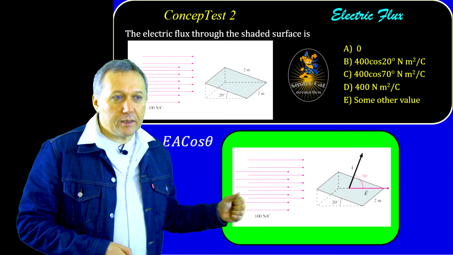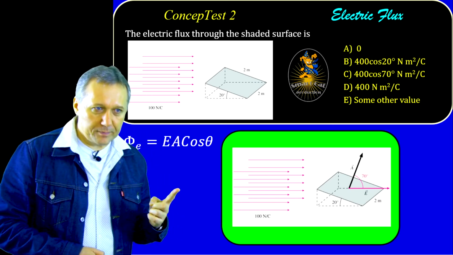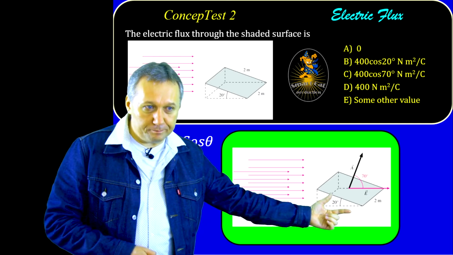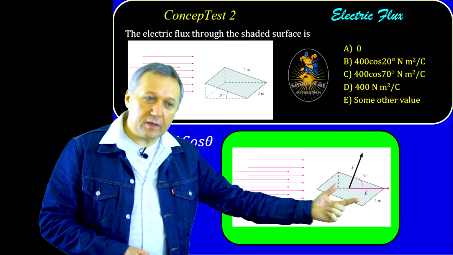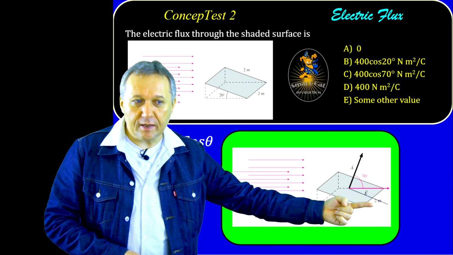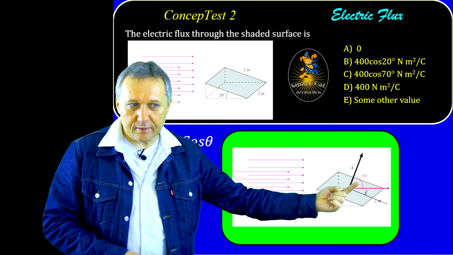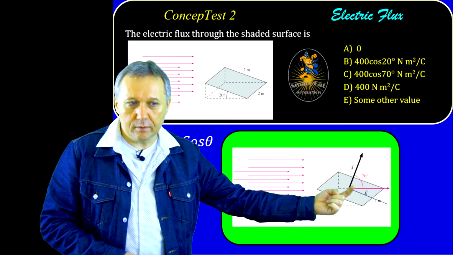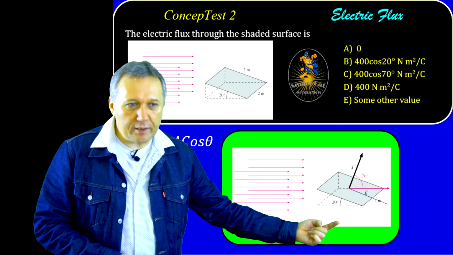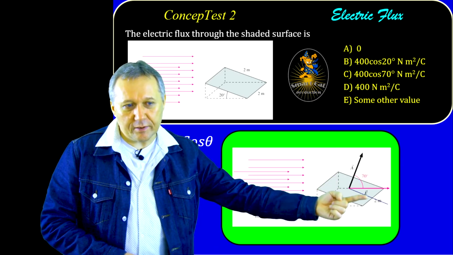Now we need to understand which is the correct angle. Once I show the area vector and electric field vector, you can see that the correct angle is this red angle. And this angle of 20 degrees is not correct. Why is it 70 degrees over there?